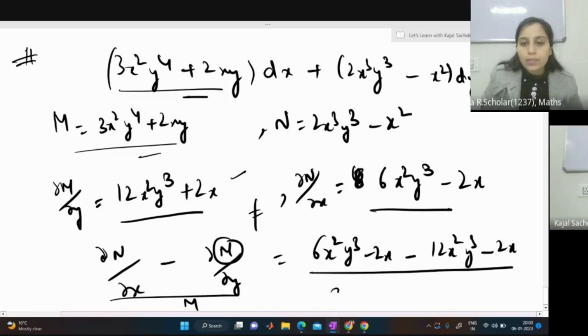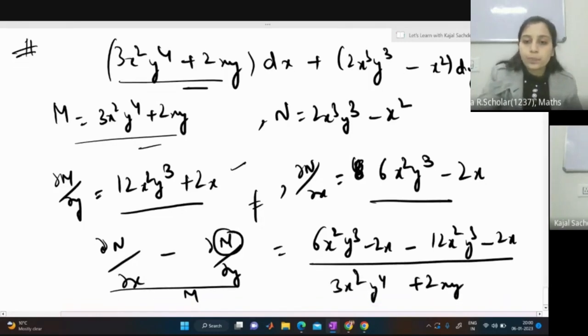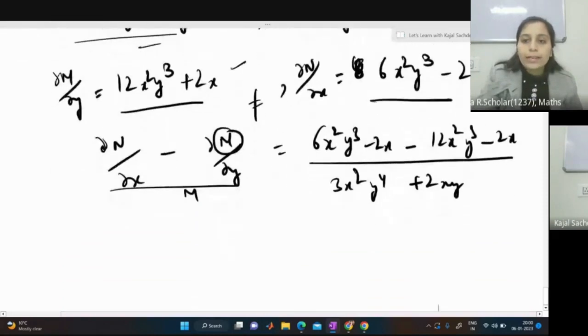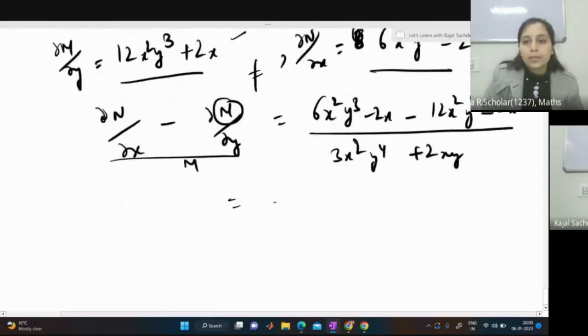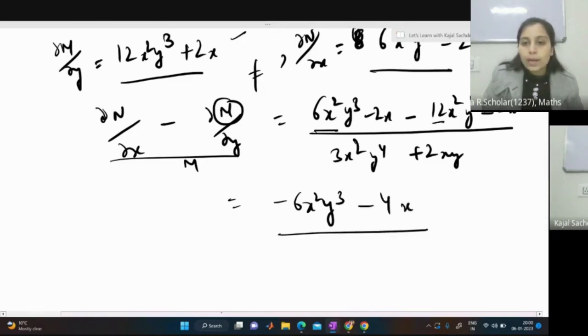So M is 3x²y⁴ + 2xy. So here we get (−6x²y³ − 4x) upon it.